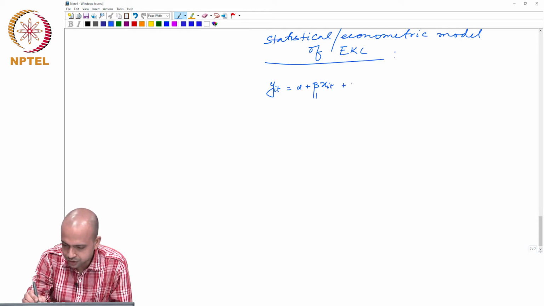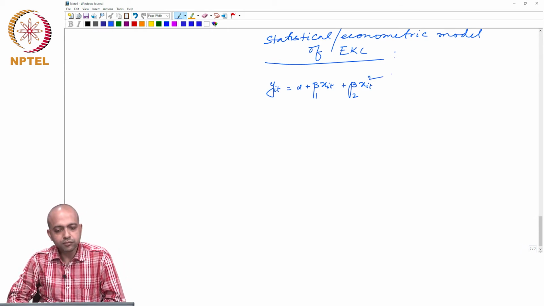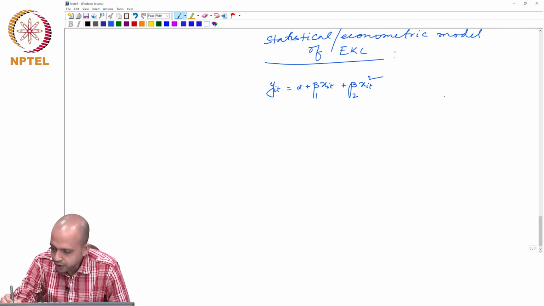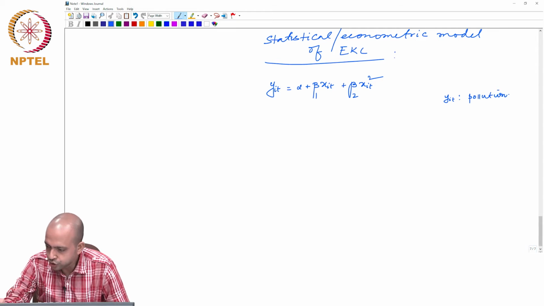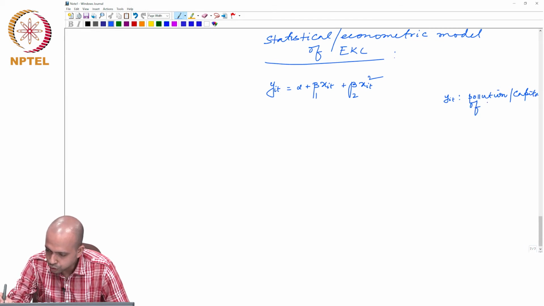X_it plus beta 2 X_it square. What is Y_it here? Y_it is basically pollution per capita of the ith country at the tth time period.